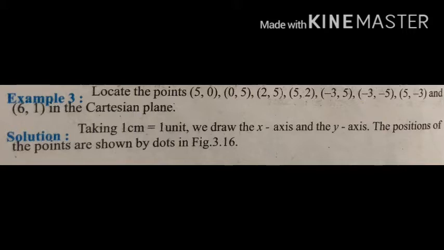The positions of the points are shown by dots. Now the points (0, 5), (2, 5), (5, 2), (6, 1) and (5, 0) are in the first quadrant, (-3, 5) is in the second quadrant, (-3, -5) is in the third quadrant, and the last, (5, -3), is in the fourth quadrant.